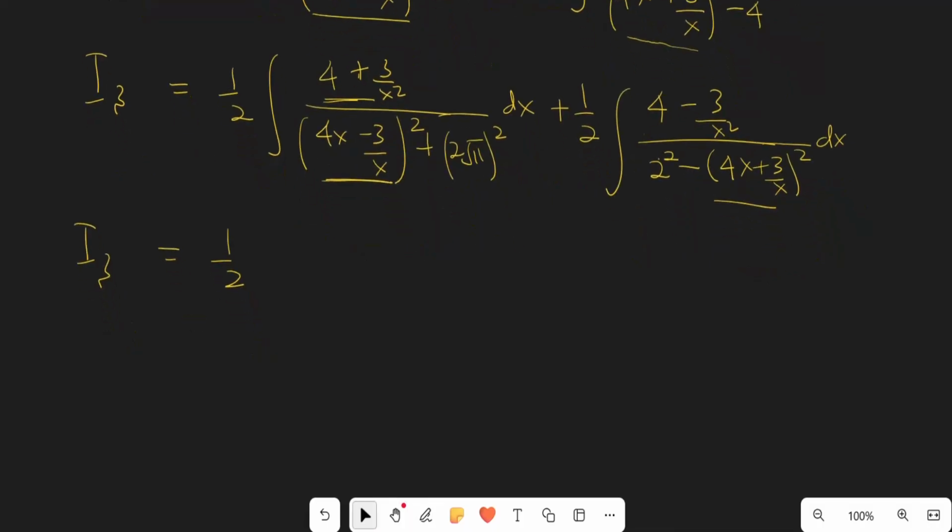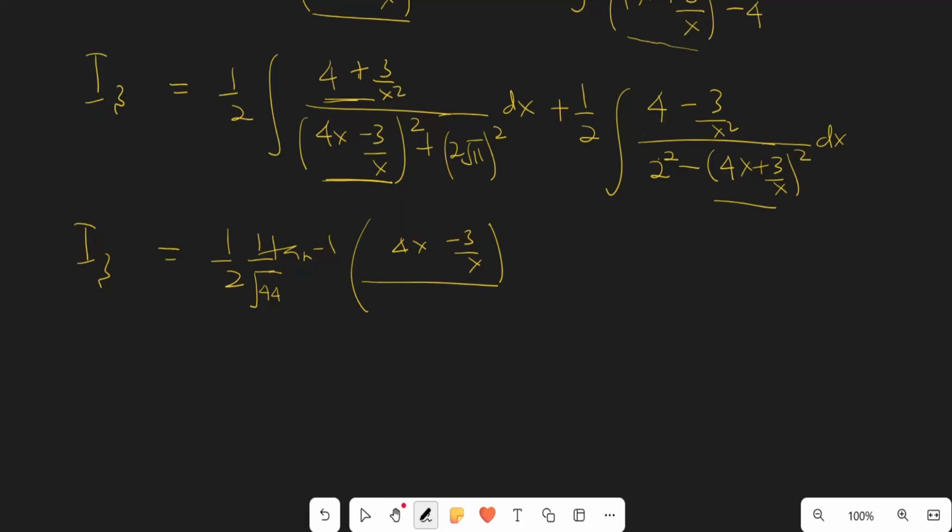So this one is the tan inverse of, it is 1 all over a, and our a here is the square root of 44, and tan inverse of x, our x here is 4x minus 3 over x divided by a.